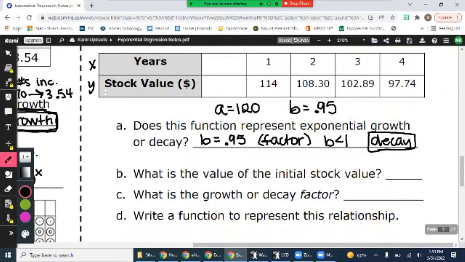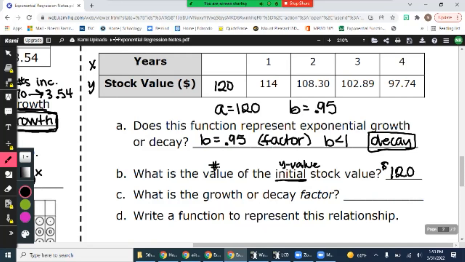What is the initial value, the initial Y value? If we're talking about value, they want a number. What's the initial Y value? 120. And that 120 is a Y value, and we're talking about stock. We describe it as money, $120.